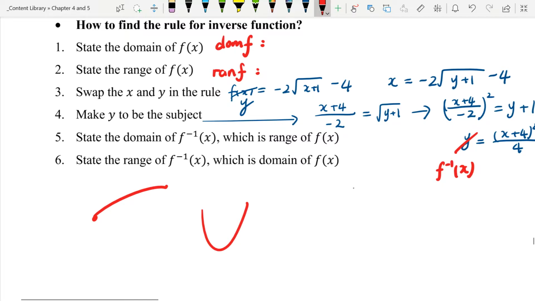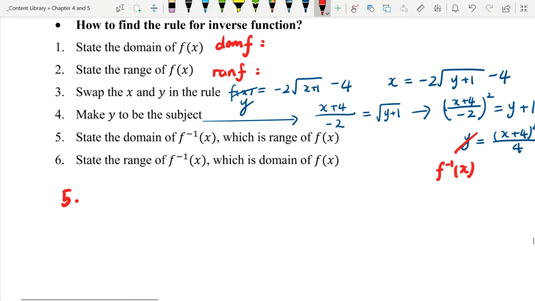So that's why the last two steps are very important. The graph is not right because quadratic and square root can't become inverse. If you reflect a single line, that won't give you two lines. So what I have to do is restrict the domain. But it's very easy to restrict it if you have already done step number one.